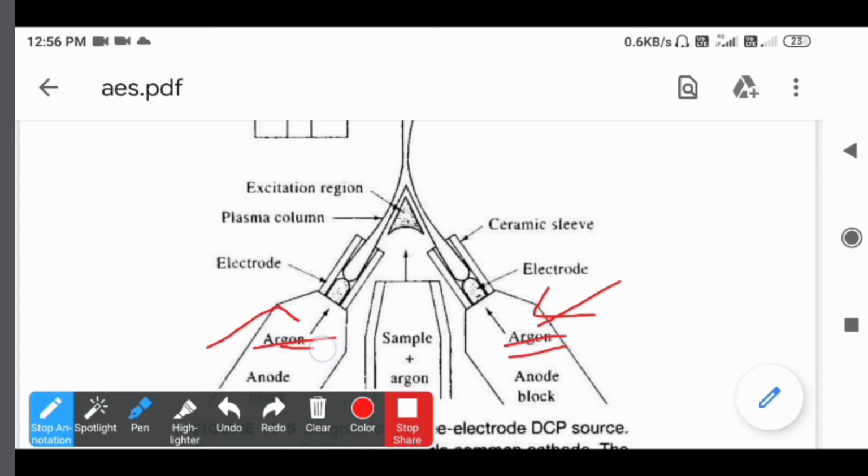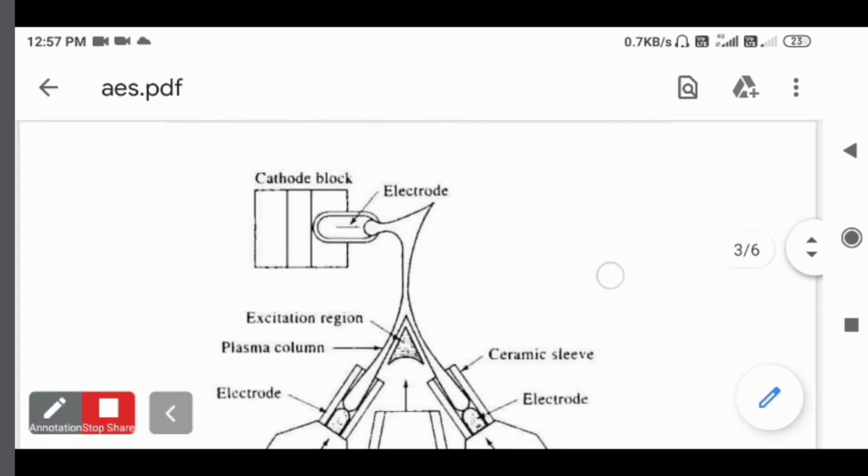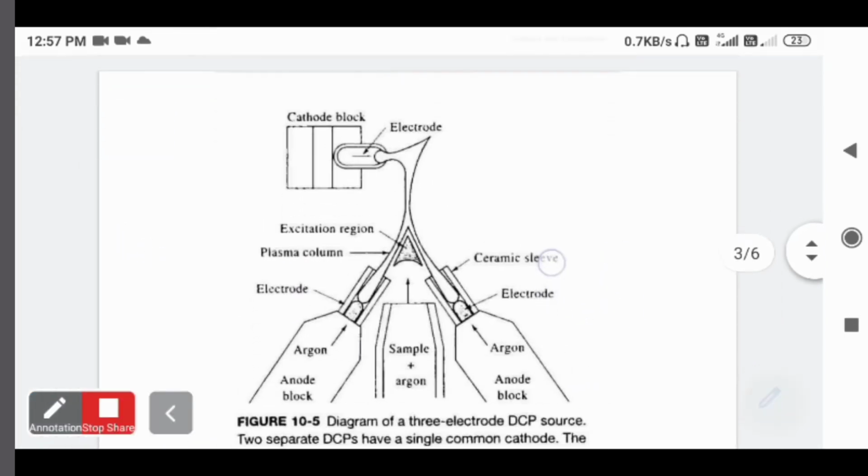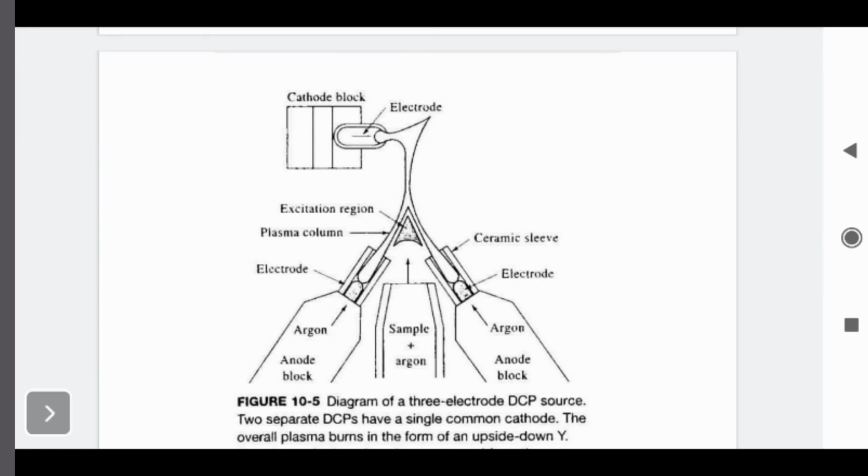The cathode is there, which is made up of tungsten, and that is also embedded with the electrode. Once the sample is introduced, the spark is generated, and a current of around 14 ampere is generated. So this is quite a large current.